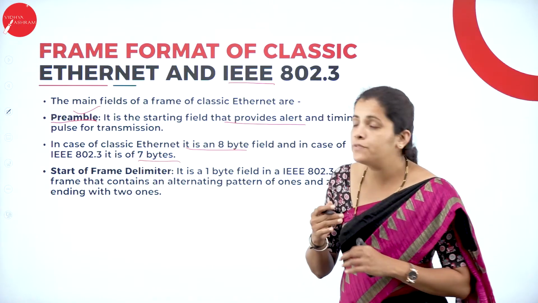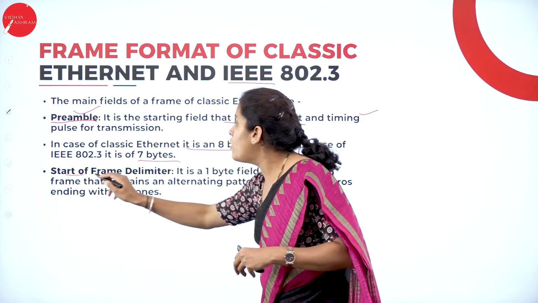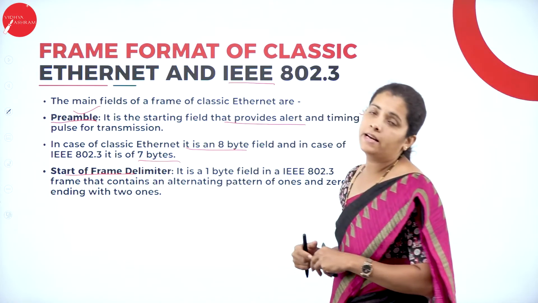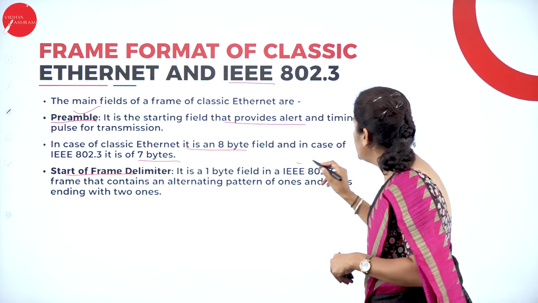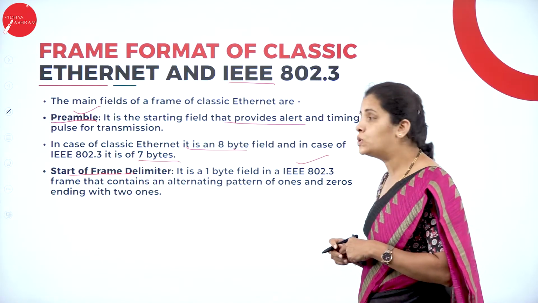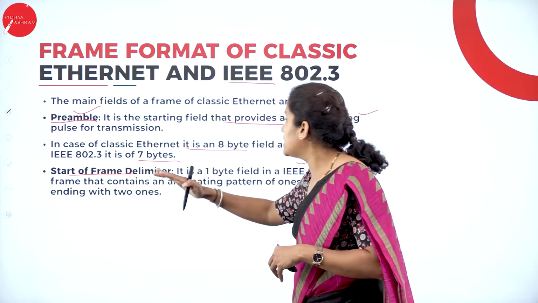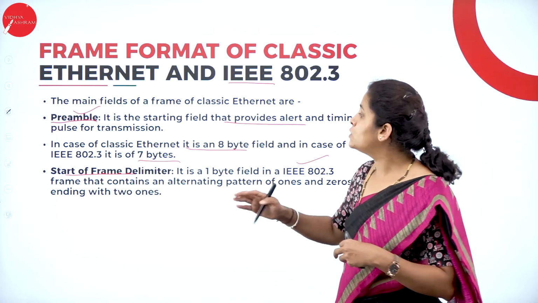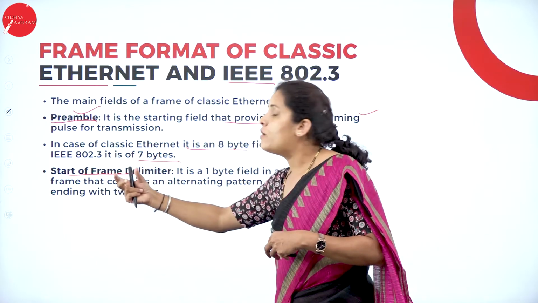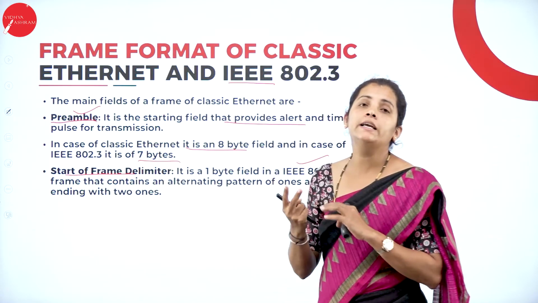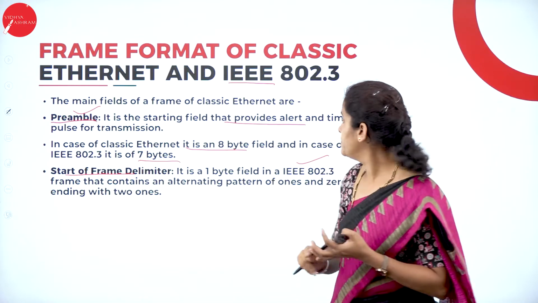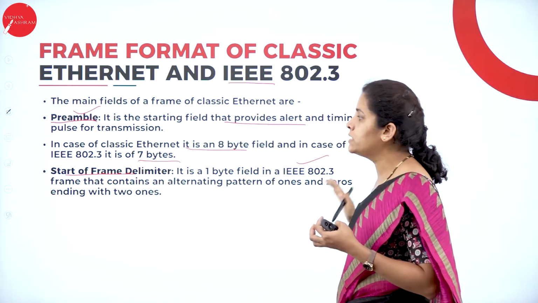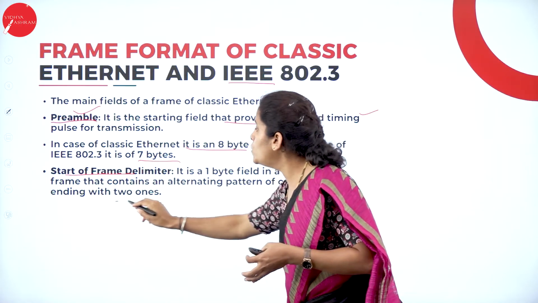Then the next field is the start of frame delimiter. It is a 1 byte field in the IEEE 802.3 frame that contains an alternating pattern. I repeat, the start of frame delimiter contains the alternate pattern in the form of ones and zeros ending with 2 ones.